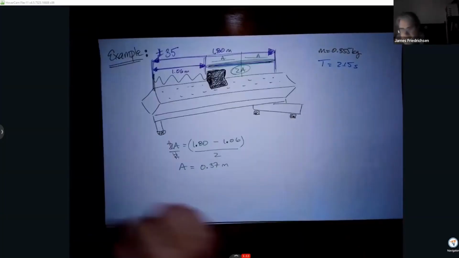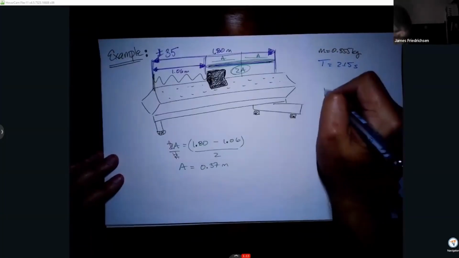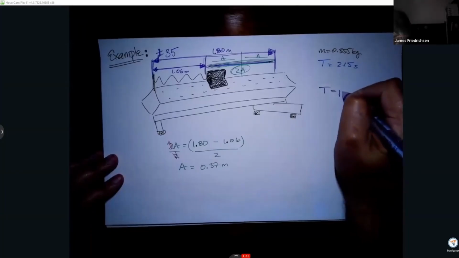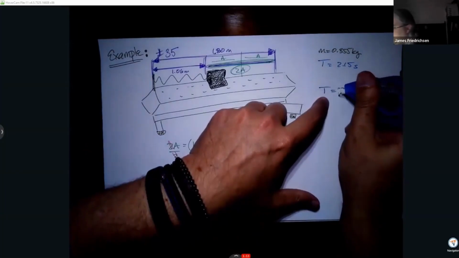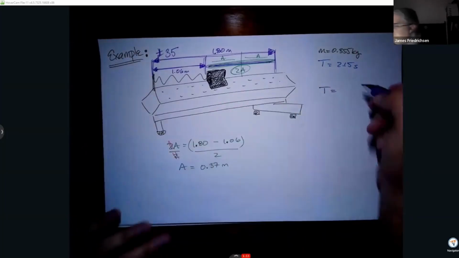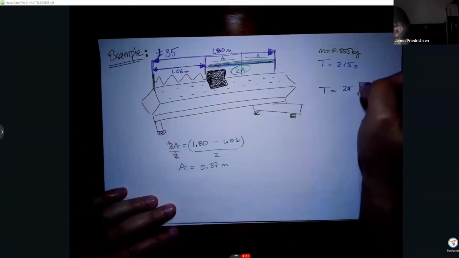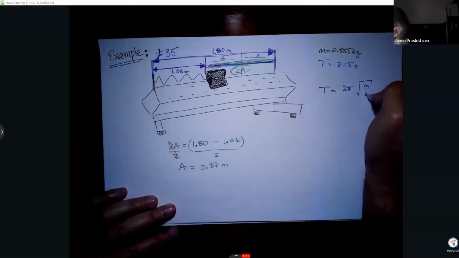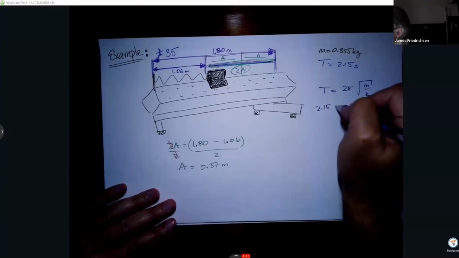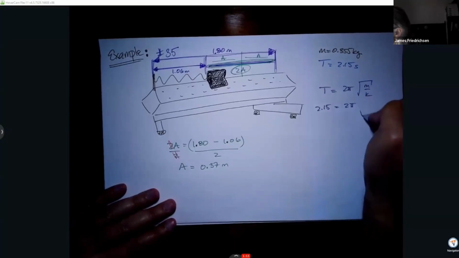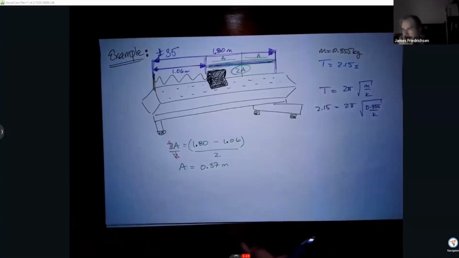So the period is equal to 2 pi square root of m over k. We know this is 2.15. It's 2 pi square root of 0.355. We can solve for k.